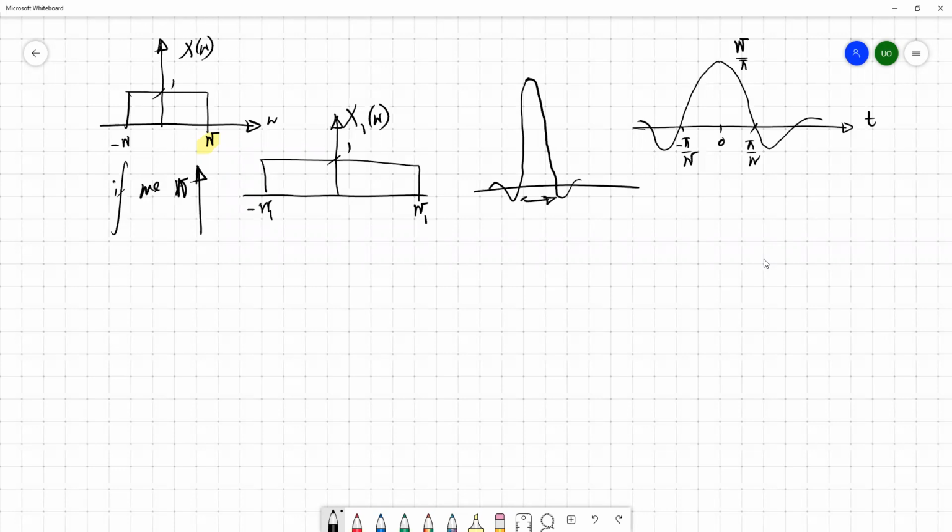So this spacing is actually 2 pi over W, and this is W over pi.